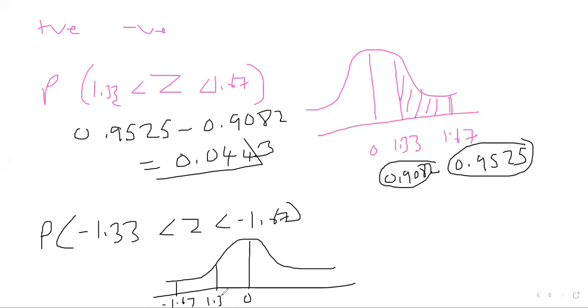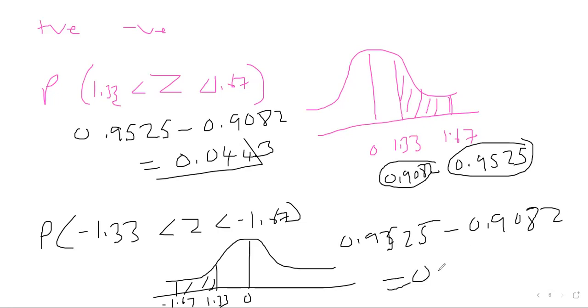So we're going to simply subtract what we've done there. 1.67, it is here. 1.33, it is there. So simply subtract 0.9525 minus 0.9082. So the difference between these two, we get 0.0443. This is when we're dealing with the same quadrant.